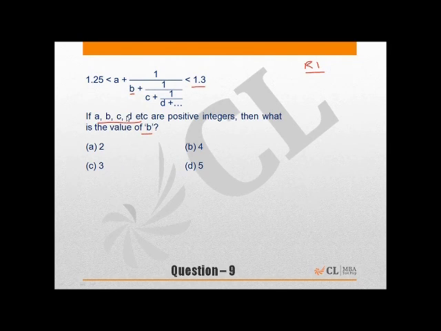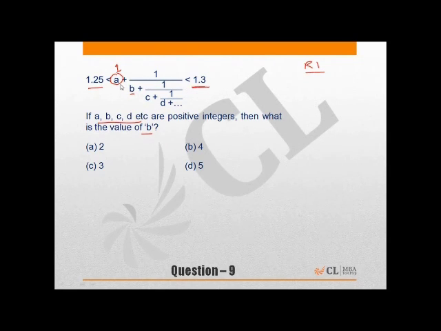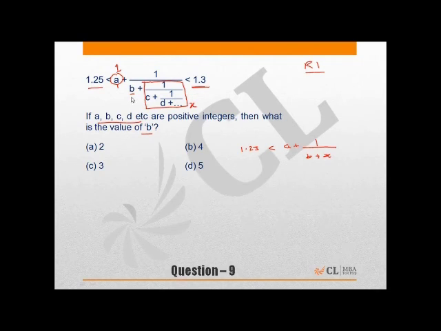Okay. Now first of all, in this question I would say A has to be equal to 1, because it is lying between 1.25 and 1.3. This is 1 plus some fraction. In other words, 1.25 is less than A plus 1 upon B plus X, where I am calling the rest of the entire thing X. I am retaining B because B is the only thing I am interested in, not the others.